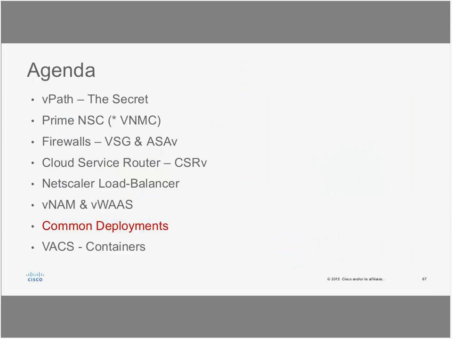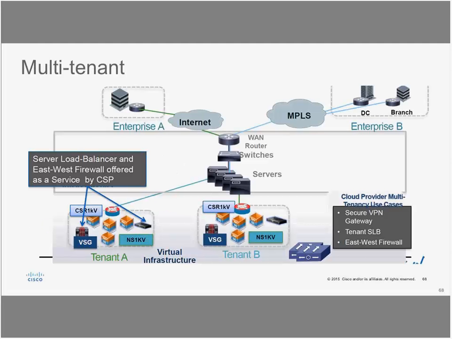A quick overview of how these nodes come into play and what solutions they provide. This is an example where I'm having enterprise A and B extending their traffic across the cloud on the virtual infrastructure.